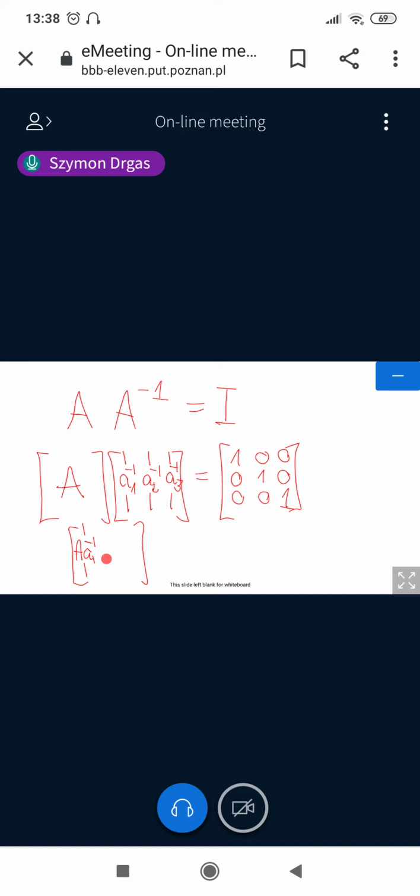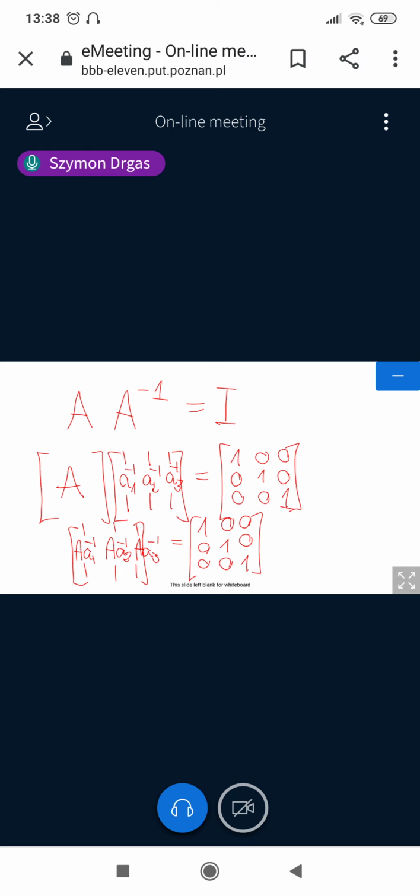The second column is A by A2 inverse. And the third column is A by A3 inverse. Okay, so it should be here, and it should be equal to this identity matrix.